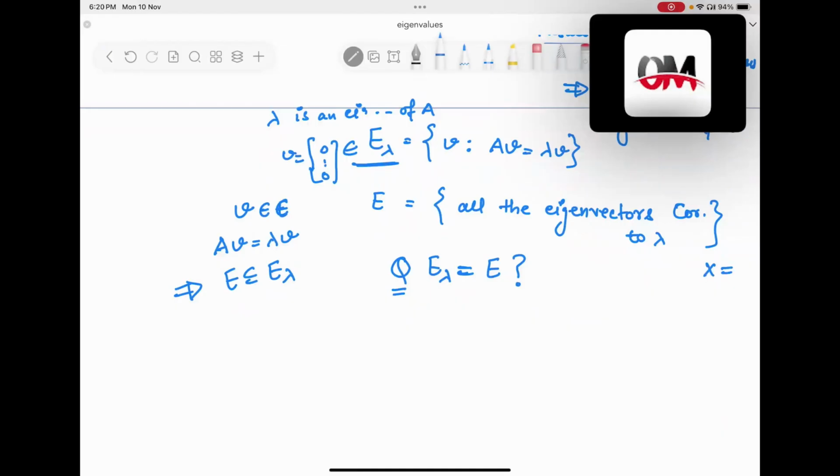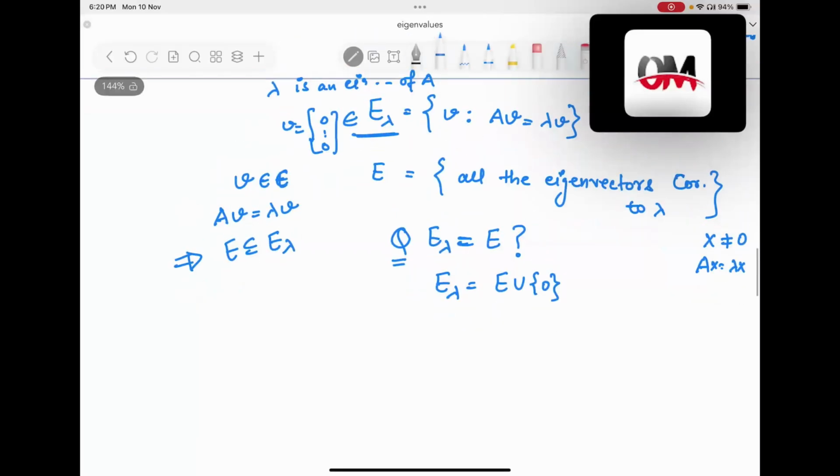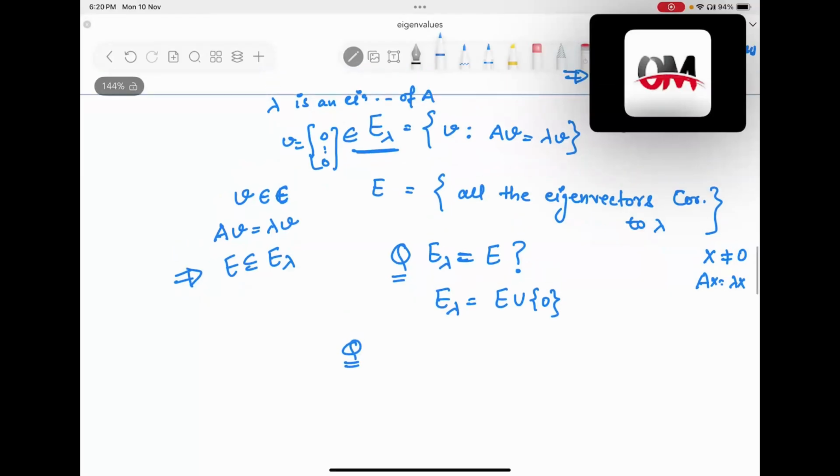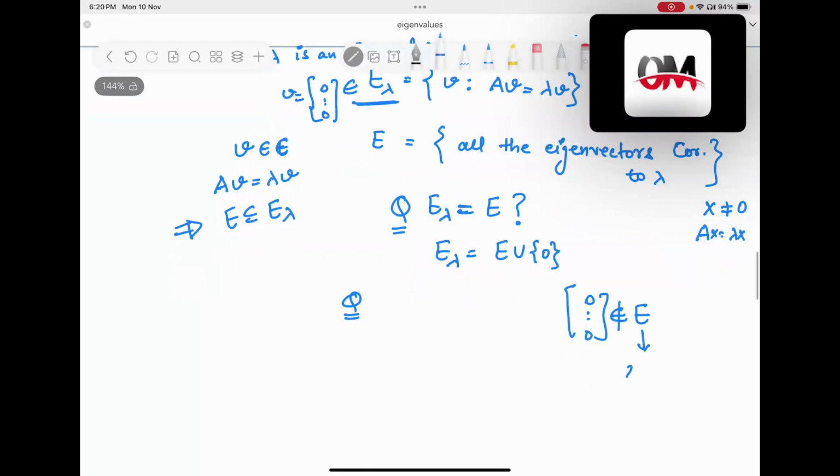We are choosing only non-zero vectors. So E lambda is just E union 0, right? Now the question is, since 0 does not belong to this E, this cannot be a subspace.